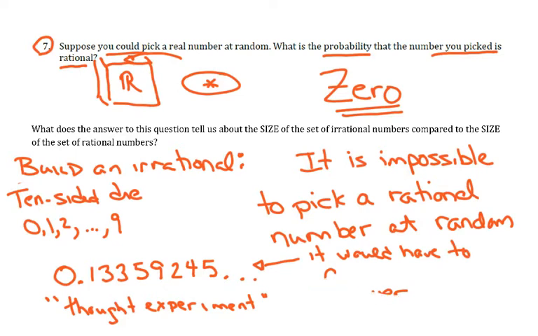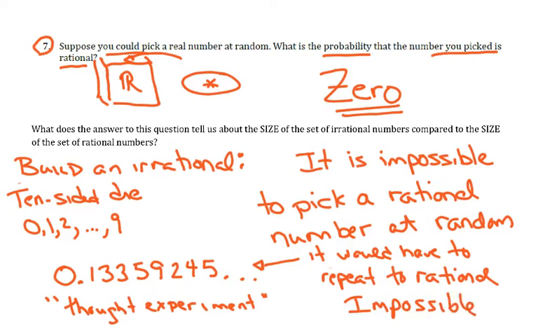So think about that for a minute. Well, that means at some point you're throwing the die and it's going in a pattern. You're getting the same numbers every single time, and that is impossible. So it's kind of a strange concept, but it's important.